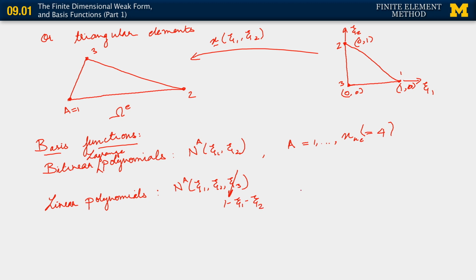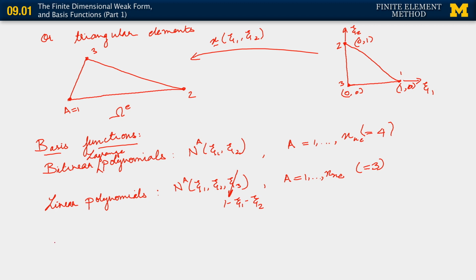And we saw this just recently in a segment. In this case, again, A goes from 1 to number of nodes in the element, and for the case that we're considering up here on this very slide, number of nodes in the element is equal to 3.